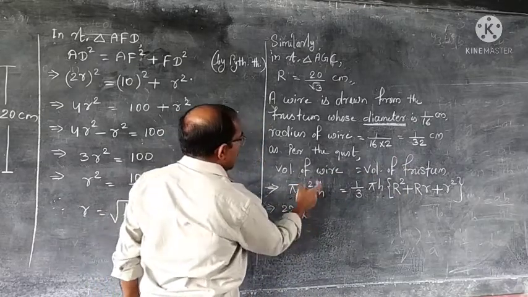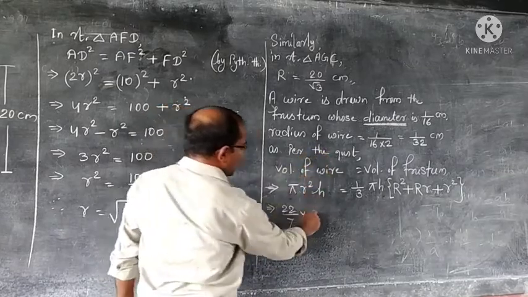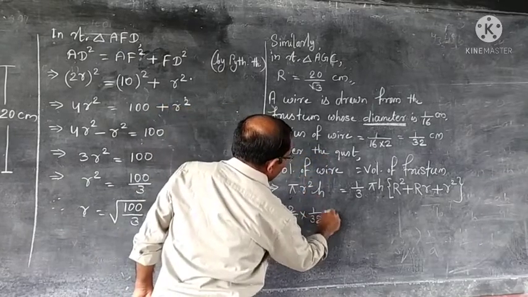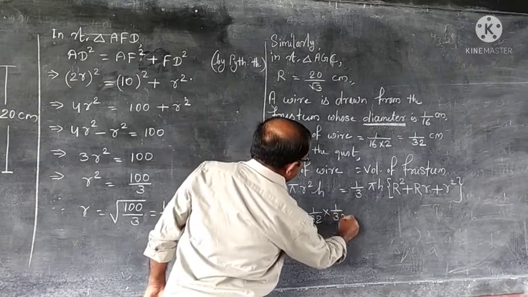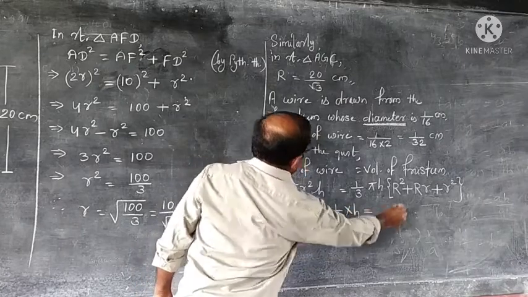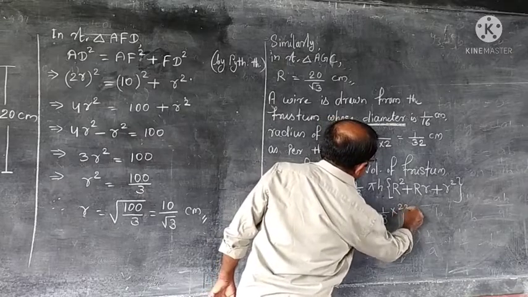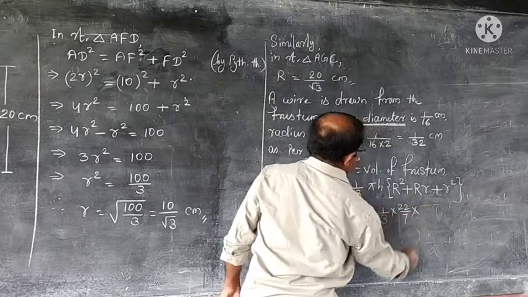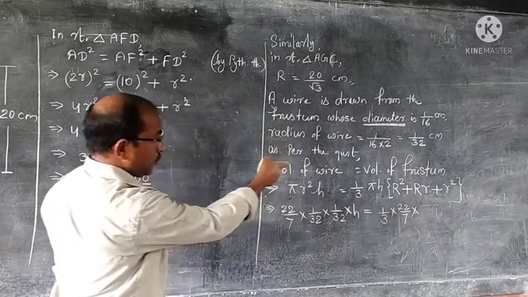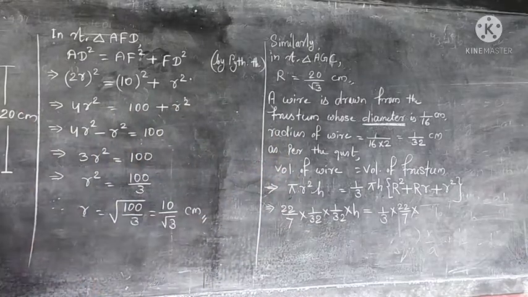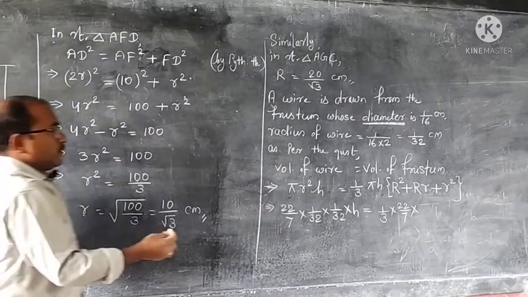22 by 7. Radius of wire is 1 by 32 into 1 by 32. Height is the length of wire, h. 1 by 3 pi 22 by 7. Height of frustum is how much? 10.